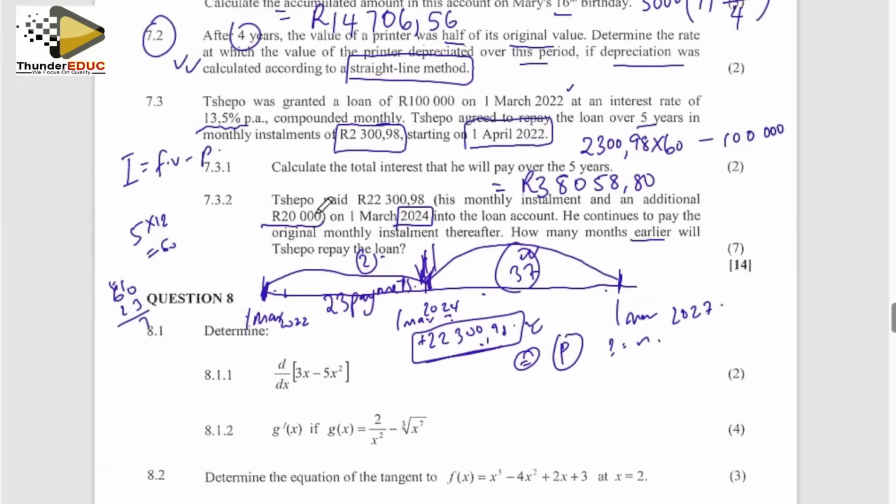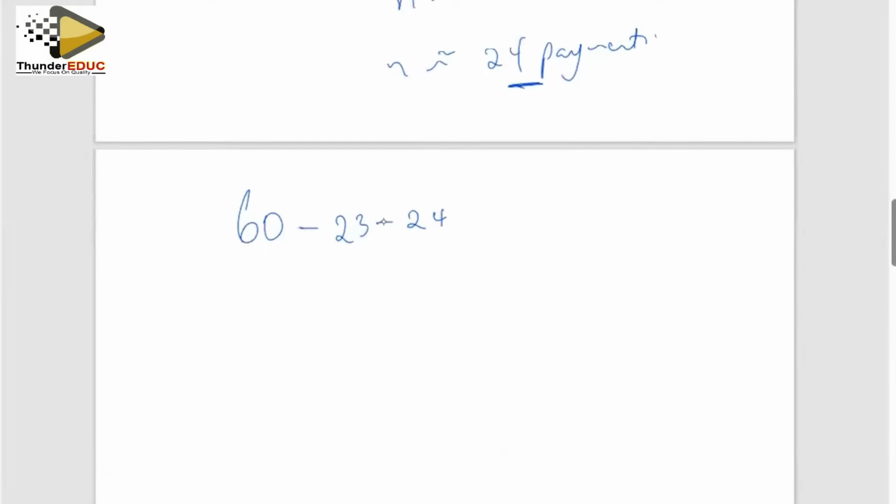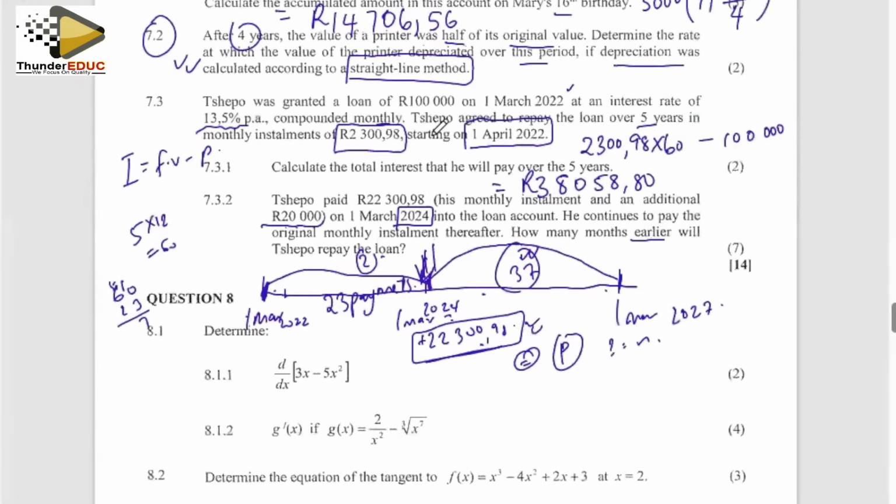Had it been that it was just the 20,000 extra and so on, then it would have made sense. Okay, so that's gonna be 60 minus 23 minus 24. 60 minus 23 minus 24 is gonna give me 18 months earlier. So the loan is gonna be paid up 13 months before the due date. That's because of that lump sum.